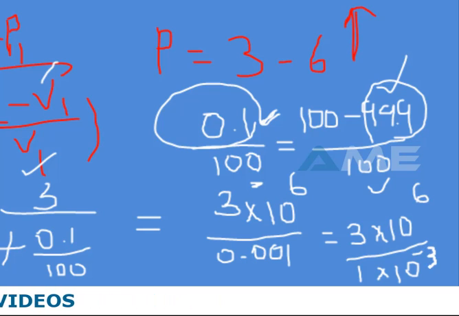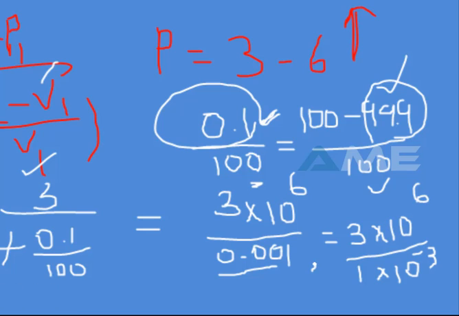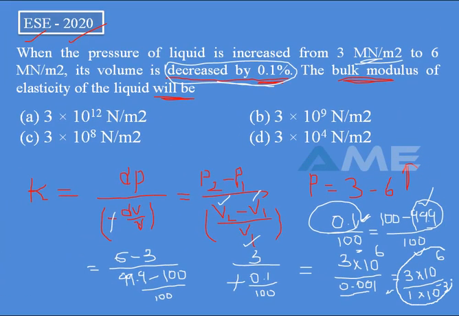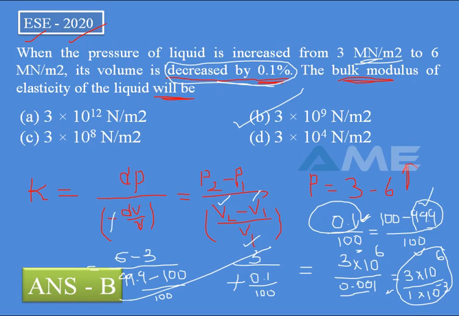That means I am just taking all these zeros to the outside. So what I'm going to get is 10 to the power of minus 3. And if you simplify this, what you're going to get is 3 into 10 to the power of 9 Newton per meter square. You can see the answer here. It is big. 3 into 10 to the power of 9 Newton per meter square.